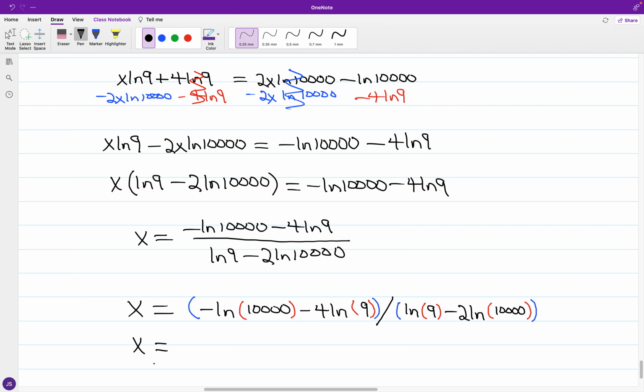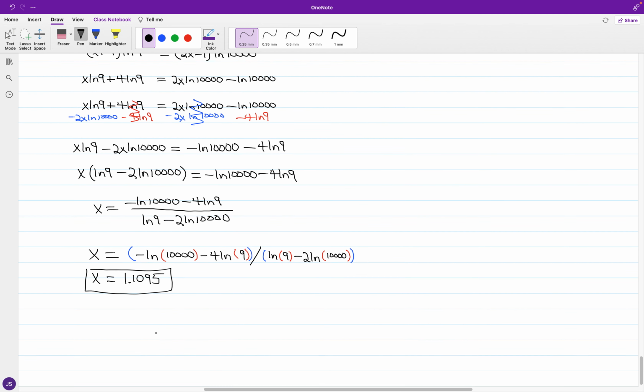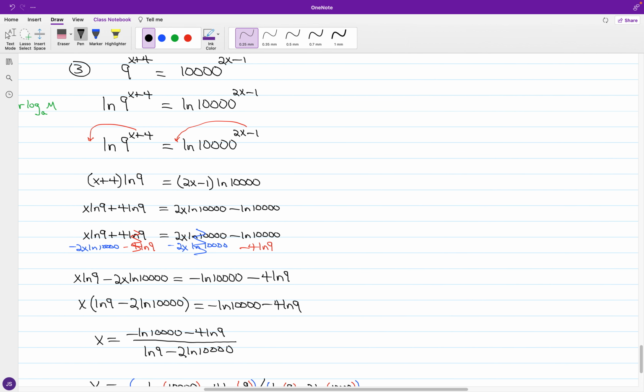And for this particular result, for x, that's going to be about 1.1095 whenever rounded to the nearest 4 places. So x is about 1.1095, and you can do a quick check.